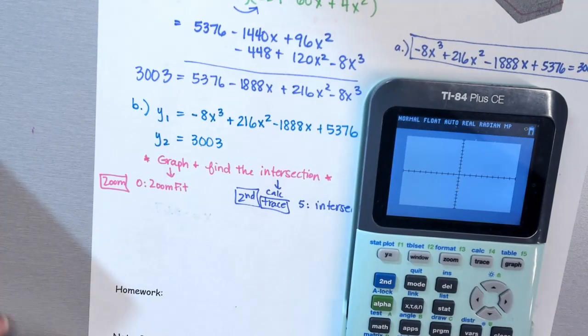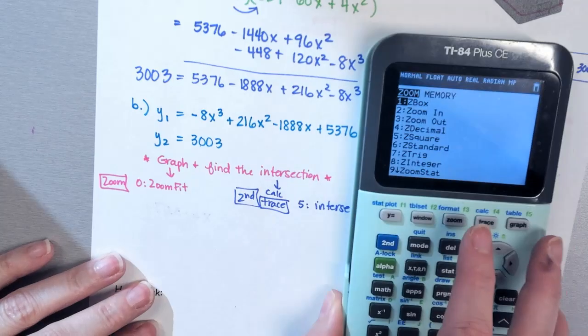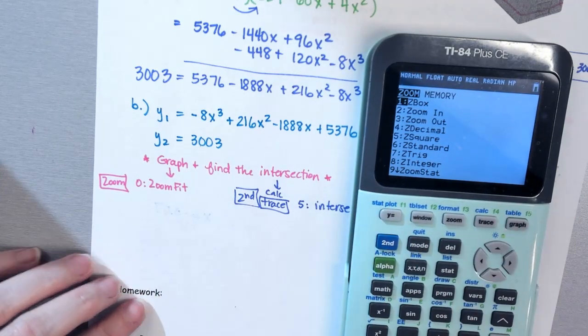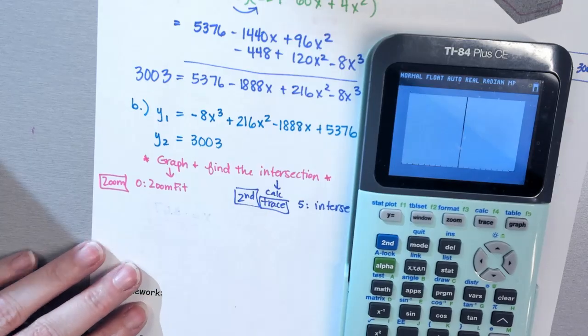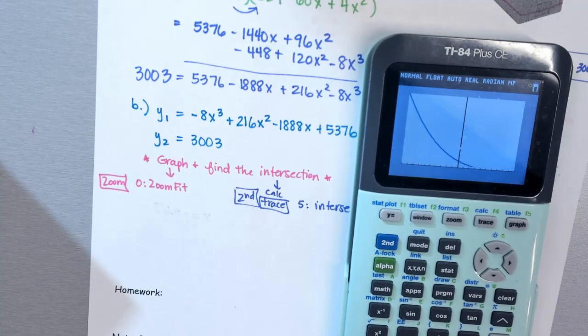Okay, if you were to just graph it without using the zoom fit, you would only see part of one of your lines here. So that's why we have to go to zoom. And then, like I said, you can just press 0 or you can scroll down to zoom fit. And it should show you both lines.